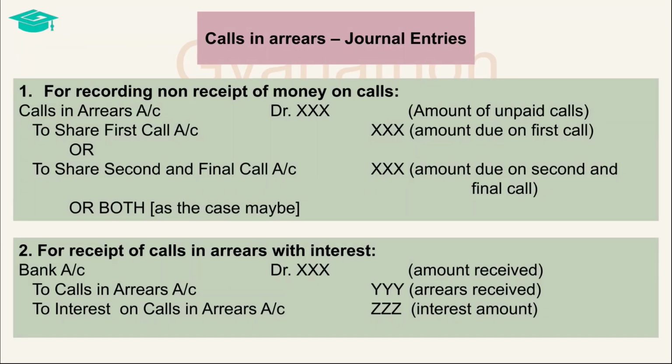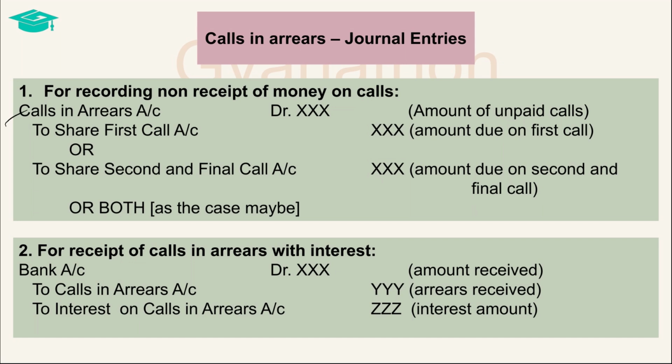Coming to the journal entries for recording the non-payment on calls made, that is, to record the calls in arrears, the calls in arrears account is debited with the amount of unpaid calls, thereby creating a balance in the calls in arrears account.